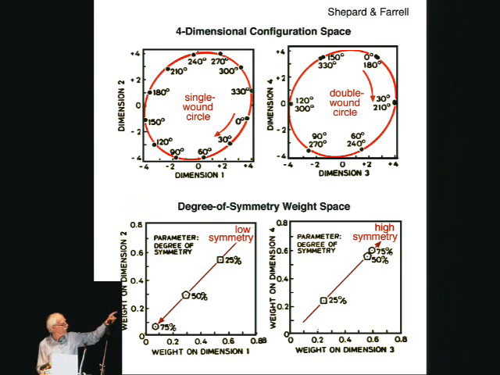Virtually no weight of the asymmetric object on the double wound circle, and highest weight for the symmetrical objects on the double wound circle. I hope I said that right.